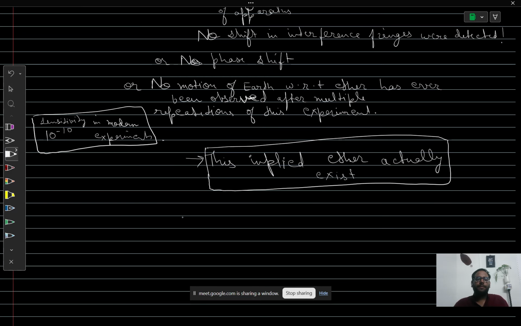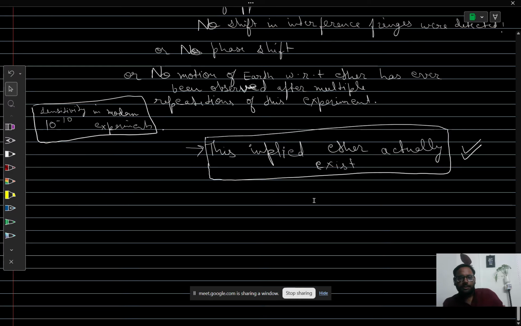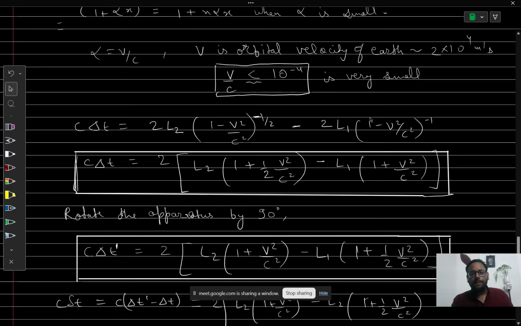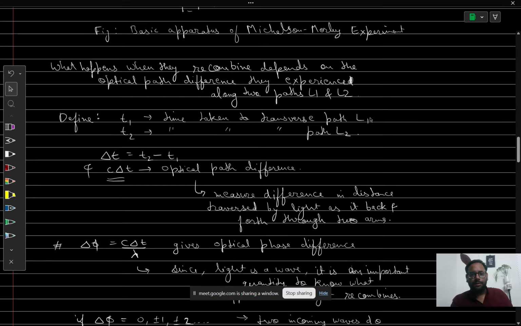And we will see this was adopted by Einstein to formulate his special theory of relativity. So this is the Michelson-Morley experiment. I will talk theoretically more about it in the next class.